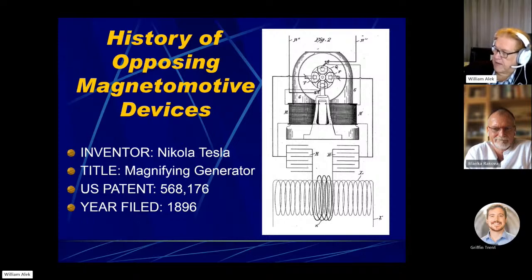You can look up his patent and see that he has two coils, two output coils, two capacitors, and a transformer coil arrangement here. Of course, he filed this back in 1896, so he's been doing scalar projects for a very long time.